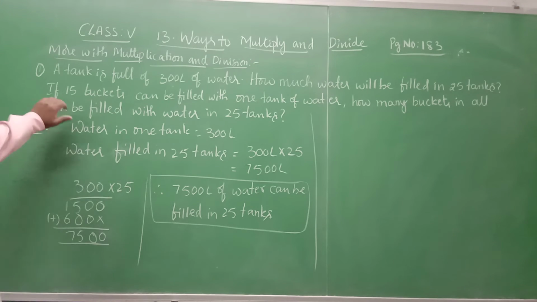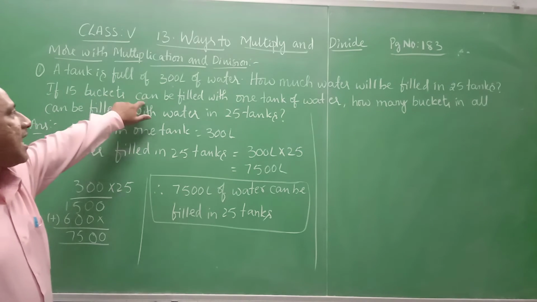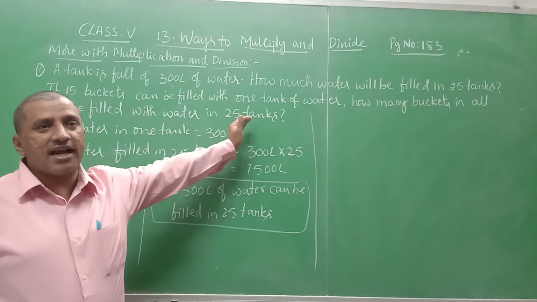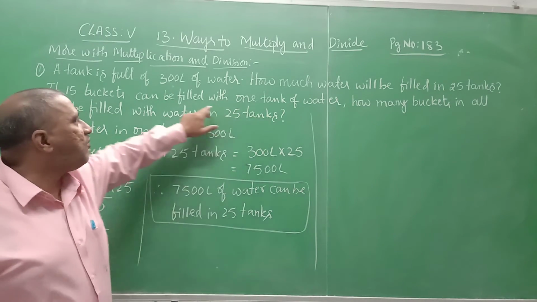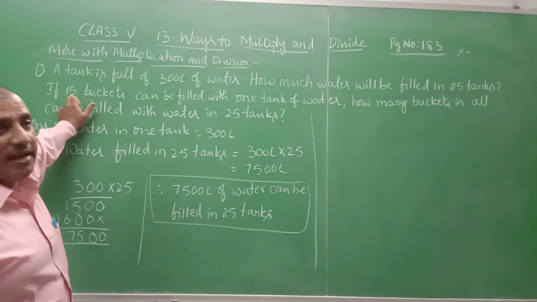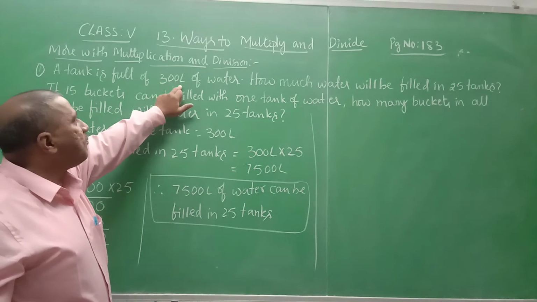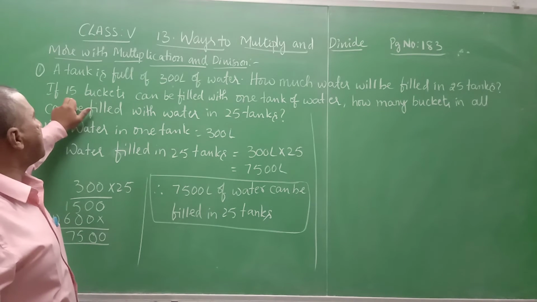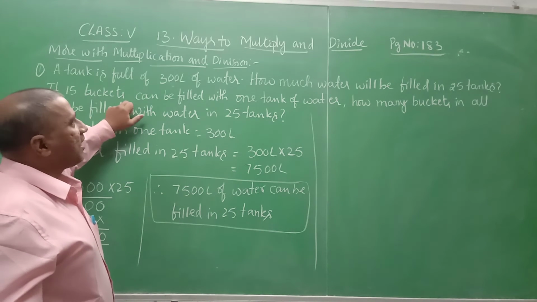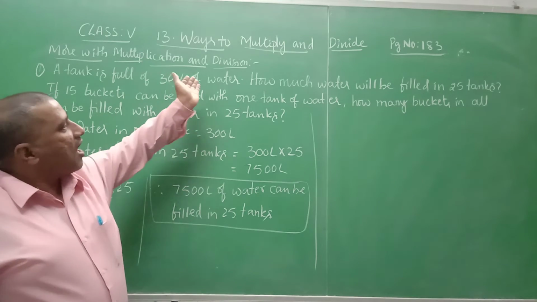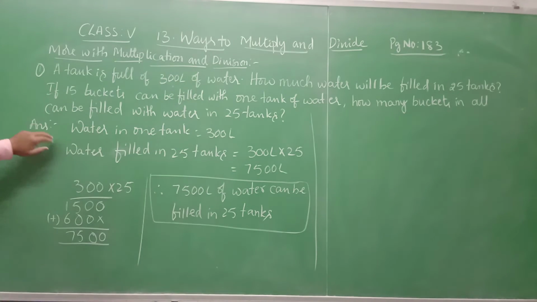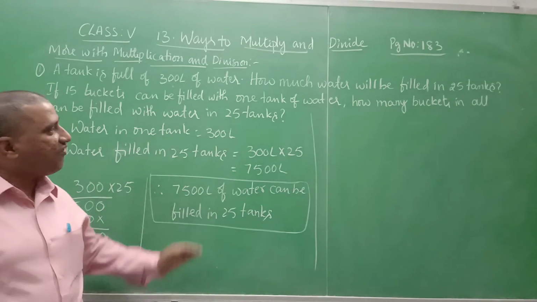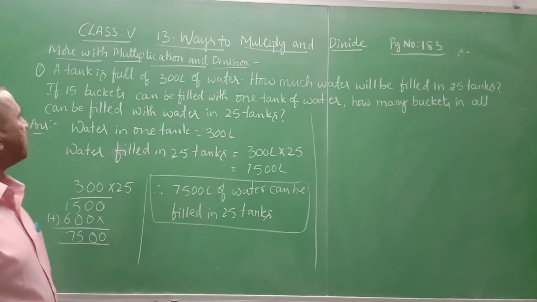Now, if 15 buckets can be filled with one tank of water, the number of buckets required to fill one tank of water, how many? 15. That means to fill 300 liters of water, how many buckets do we require? It is 15 buckets. Now how many buckets in all can be filled with water in 25 tanks?